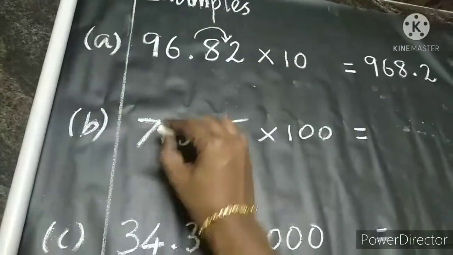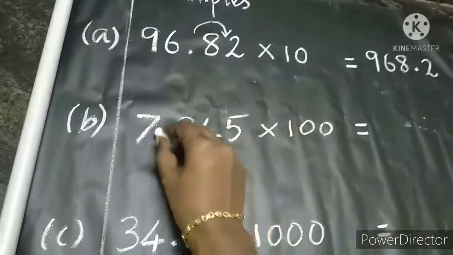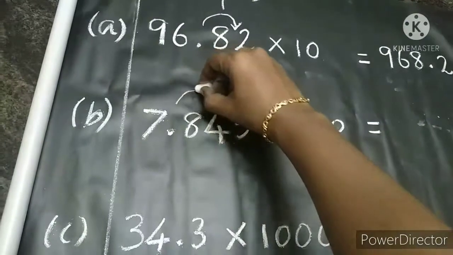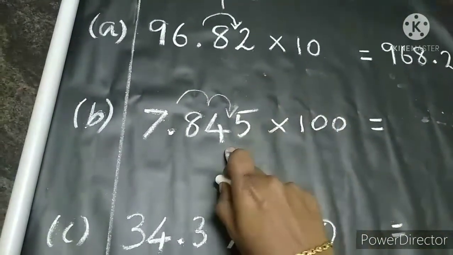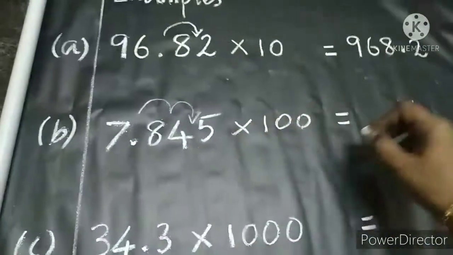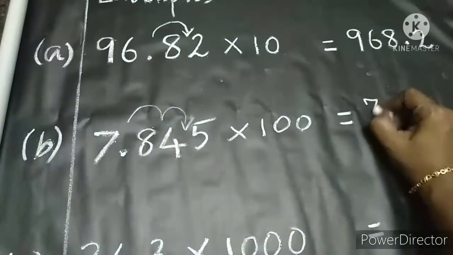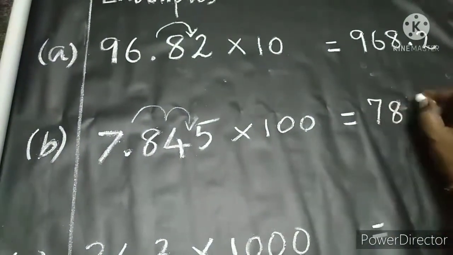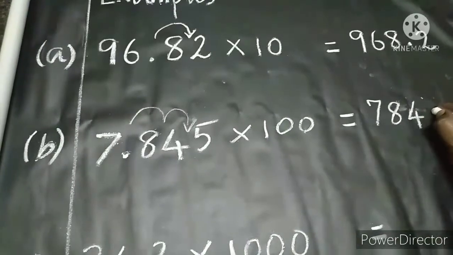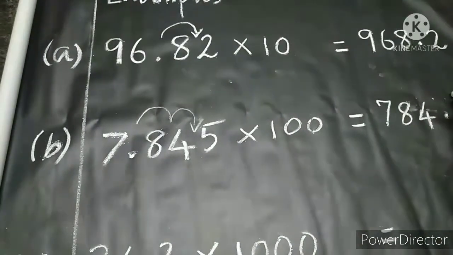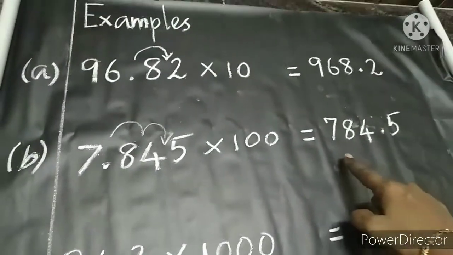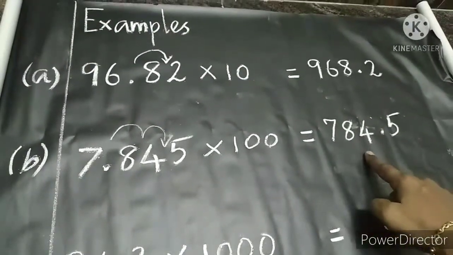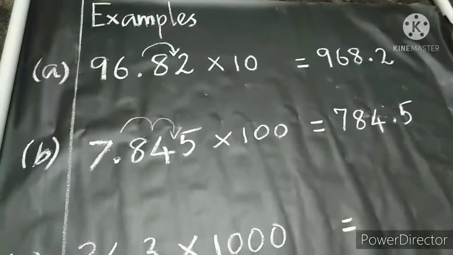So let's move two places. 1, 2. So we have to put the decimal point after 4. Let's write the answer 7, 8, 4.5. Let's read the answer. 784.5.